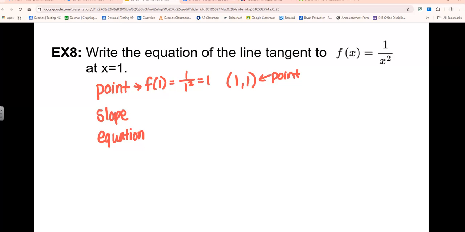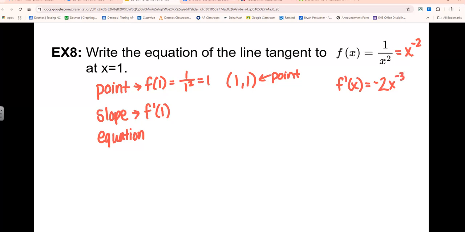Okay. For a slope, we're looking for f prime of 1, which is what we've already done. It's so much easier now, though. Now, this particular problem, what have I got to do to it before I can take the derivative? Move it up, so we get x to the negative 2. So if I want to take the derivative of this, f prime of x is going to be negative 2x to the negative 3.